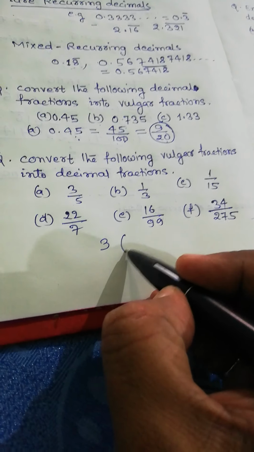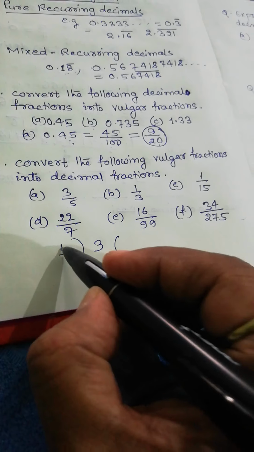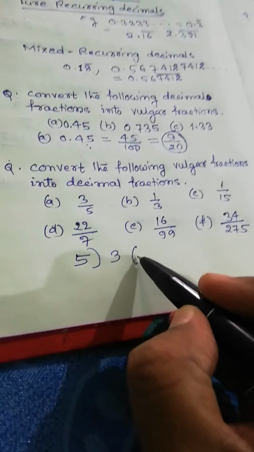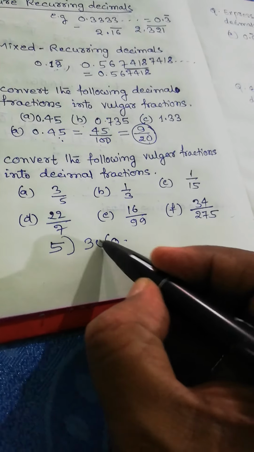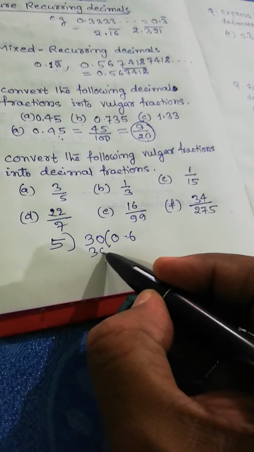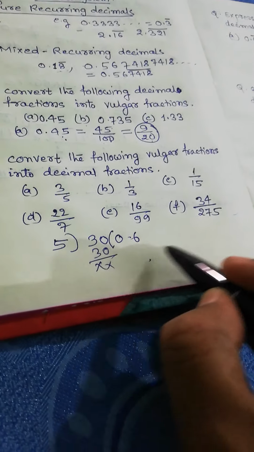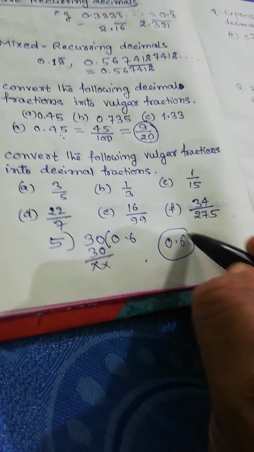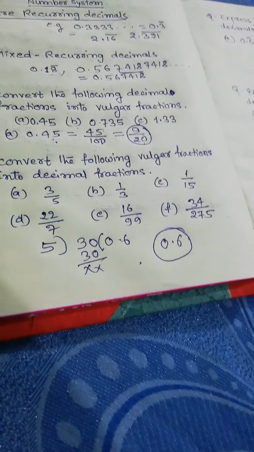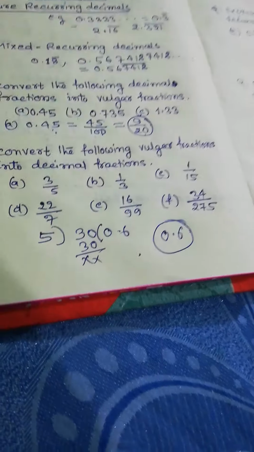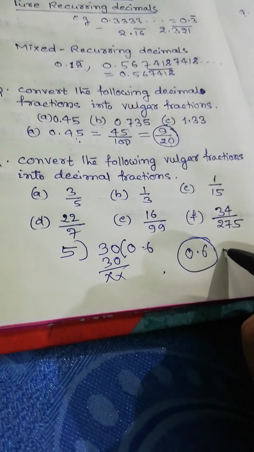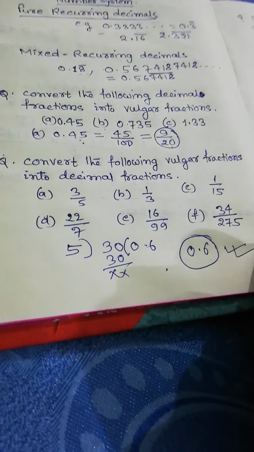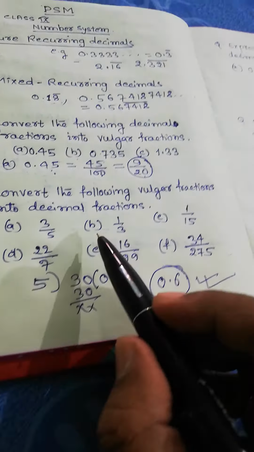If you divide 3 by 5, you will get 0.6. So 0.6 is the decimal fraction. In this way, you have to solve B and C.